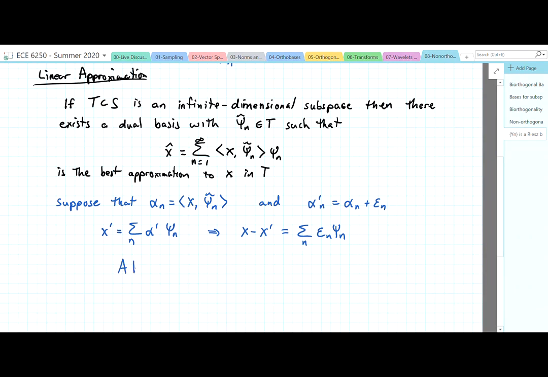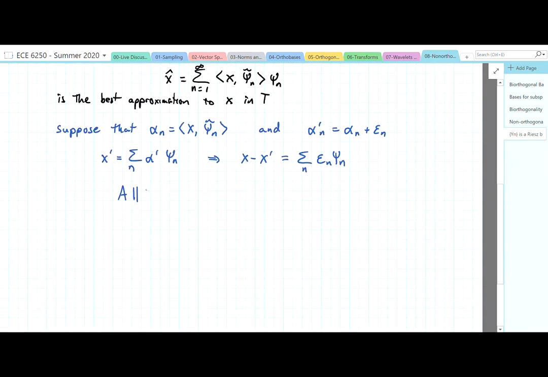And then we can see that this error, we don't know exactly what it's going to be, but we do know that it's going to be bounded above and below.